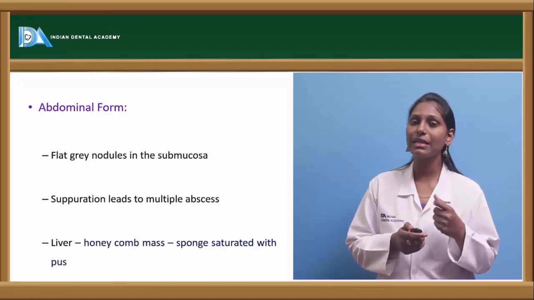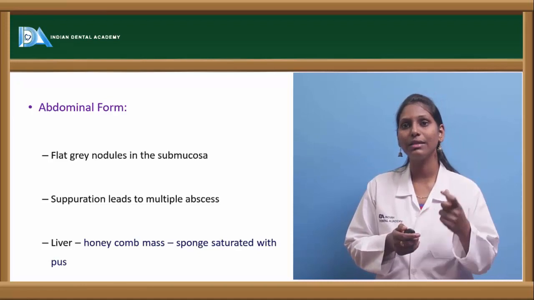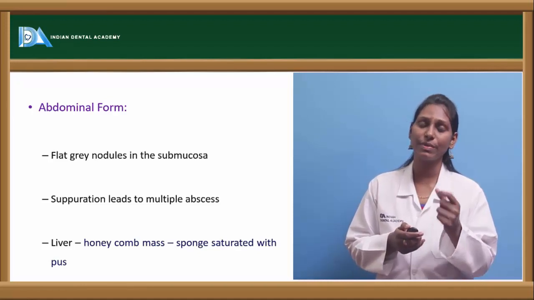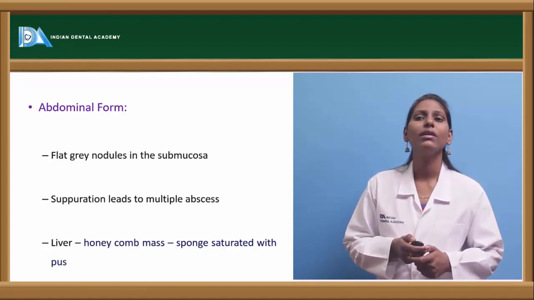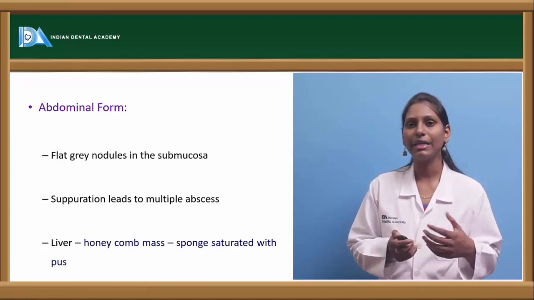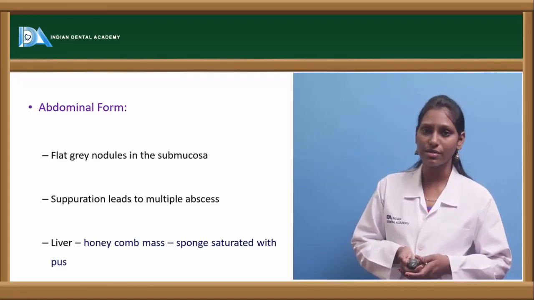However, if any lesion breaks the blood vessel wall, then from there it spreads into other visceral, internal organs. However, we do not have any lymphatic spread. It has not been noted that lymphatic spread of actinomycosis is seen.